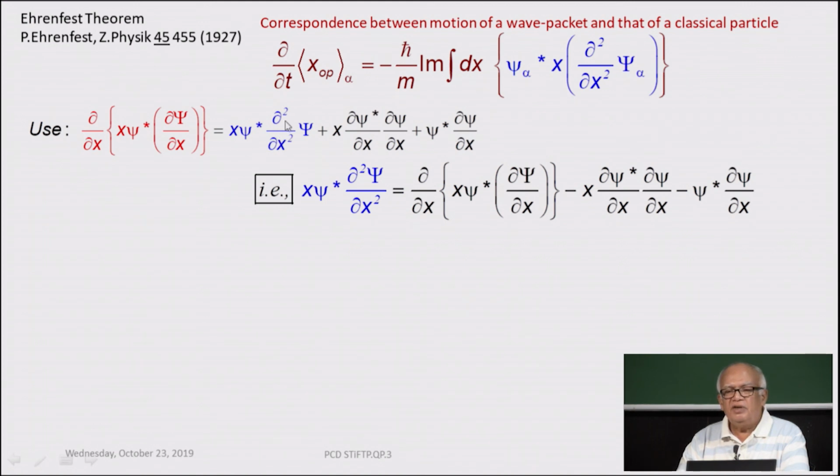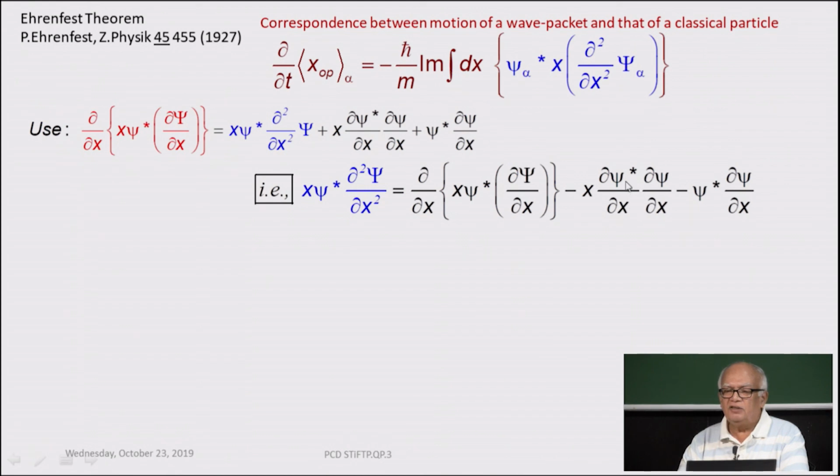This is the term in which you are interested, because this blue term comes over here. Okay? So, you replace this in the integrand by these three terms, but you really do not need all three terms, because you are interested only in the imaginary part, and this middle term does not have any imaginary part, this is real.